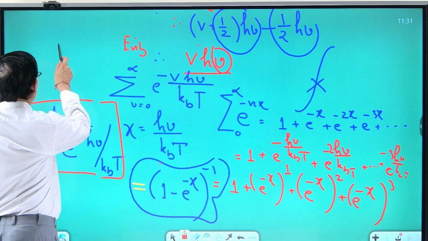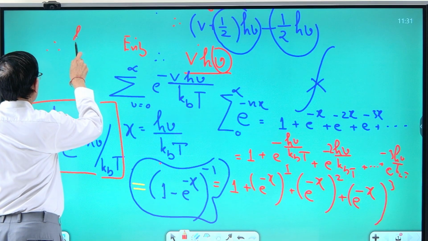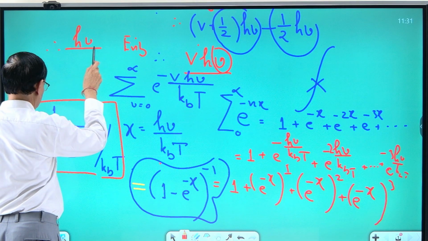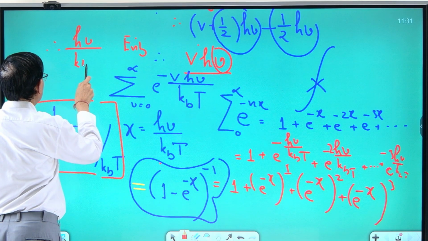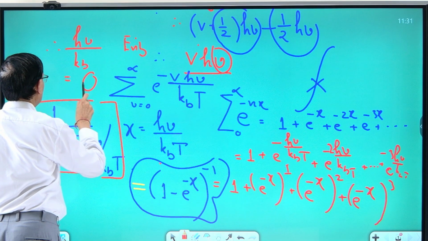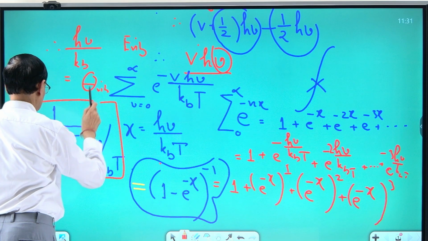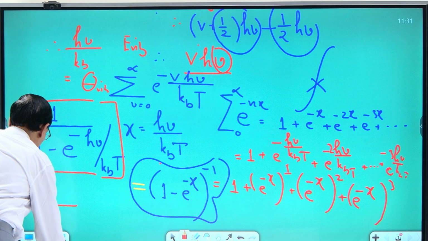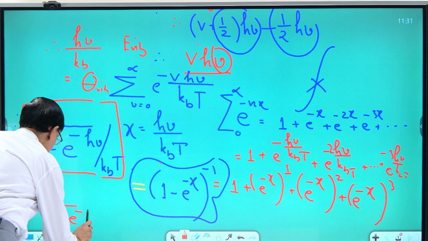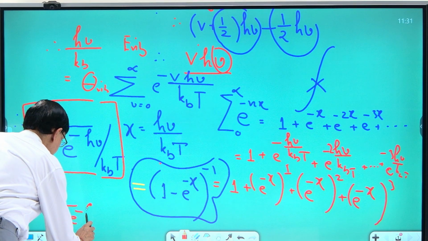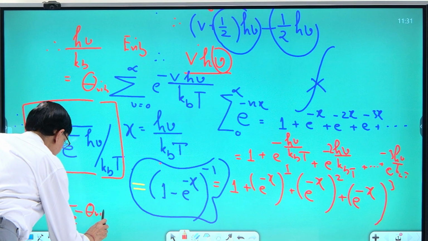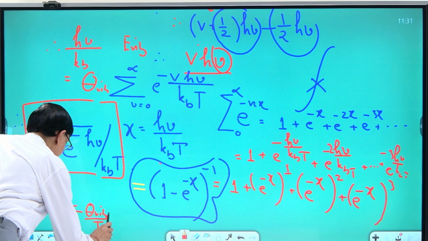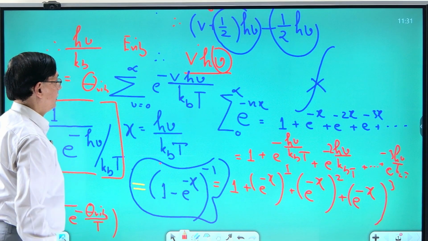And as we know, h nu divided by kB is equal to theta vib. So I can write it as 1 divided by 1 minus exponential minus theta vibration divided by T. This is also one form.